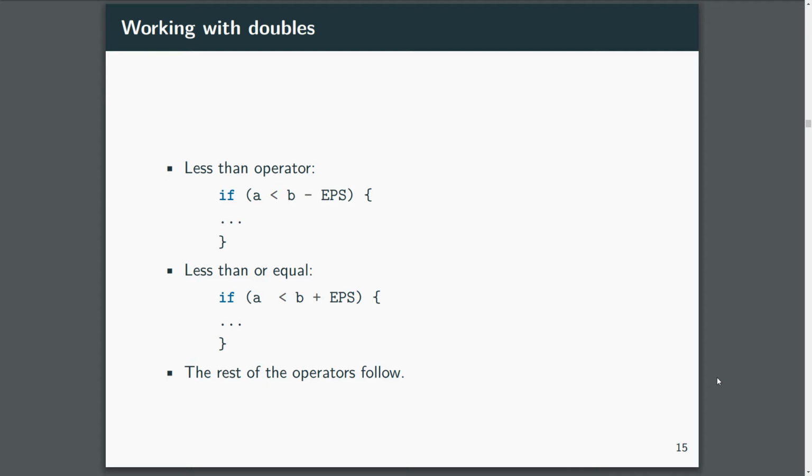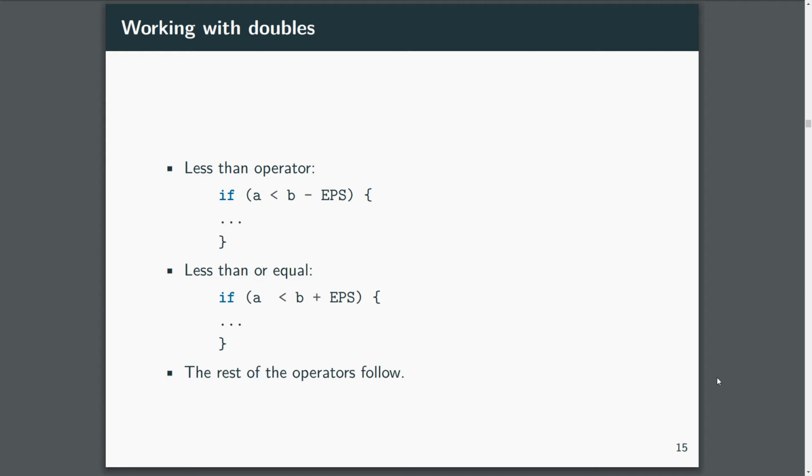We could have our less than operator, so we say if a is less than b minus eps, then it is definitely less than b. Less than or equal, we have a is less than b plus eps, so then we allow it to be just slightly above b, and we would be considering it equal.